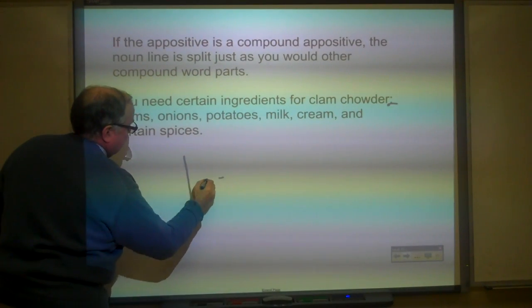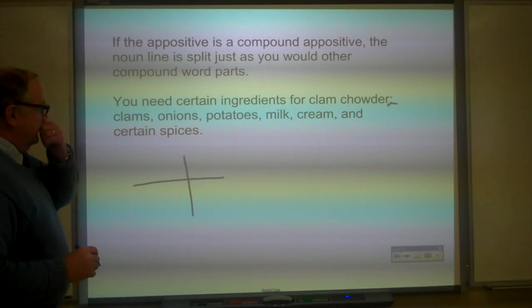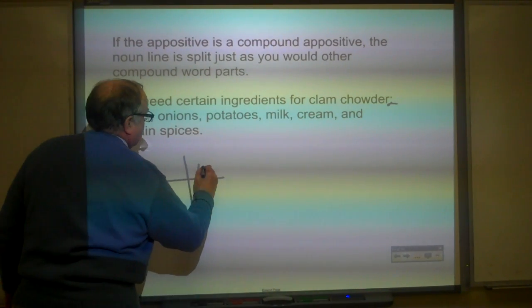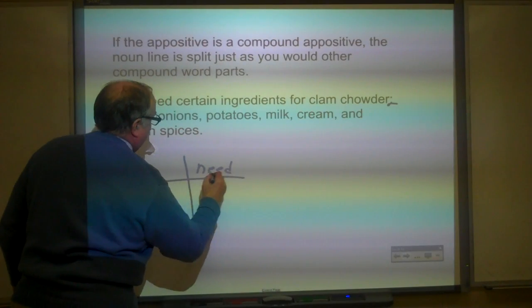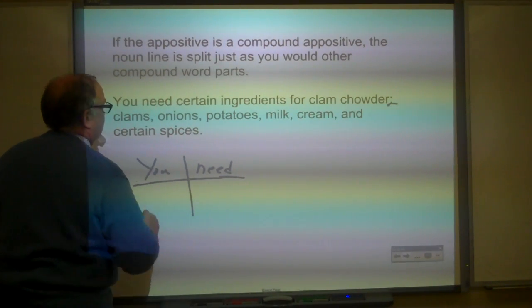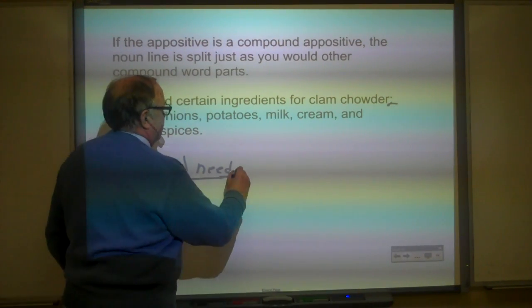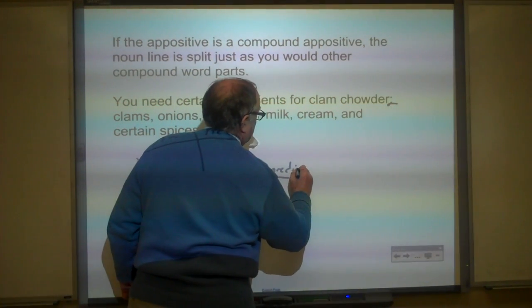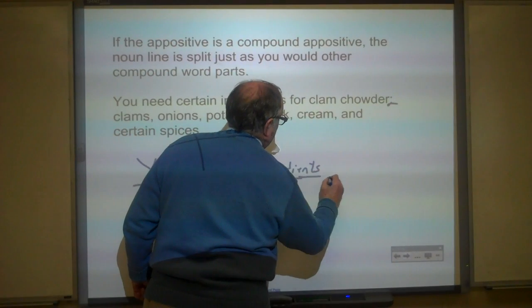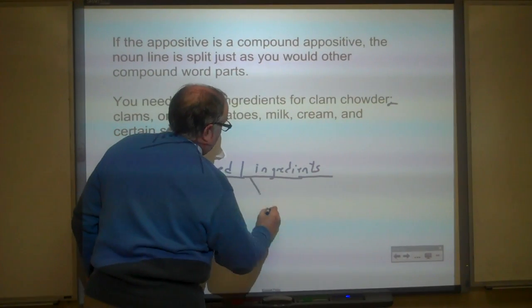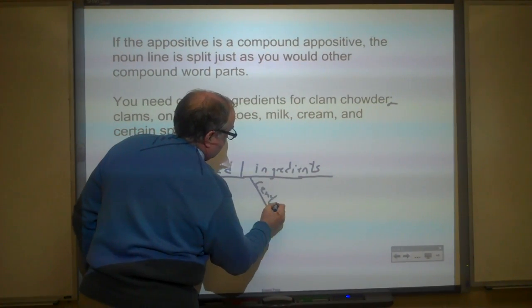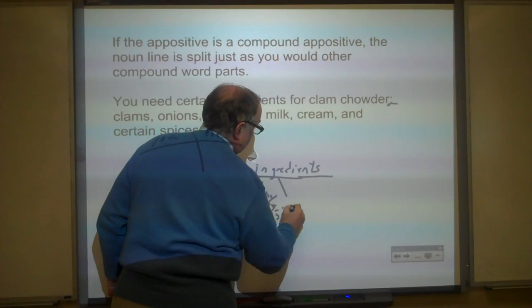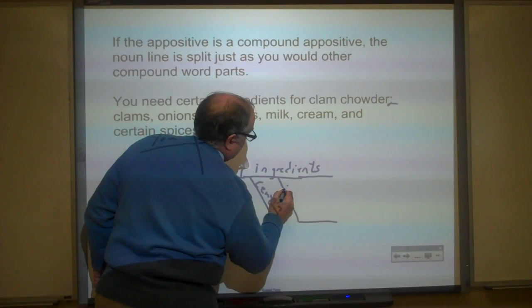So, in this case, our appositive is after the direct object. Need is the verb, you is the subject. Need what? Need ingredients. Certain modifies ingredients. And then for clam chowder also modifies ingredients.